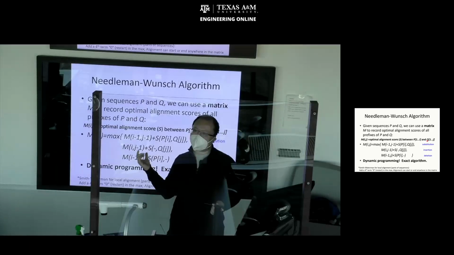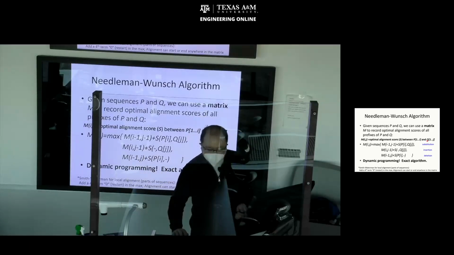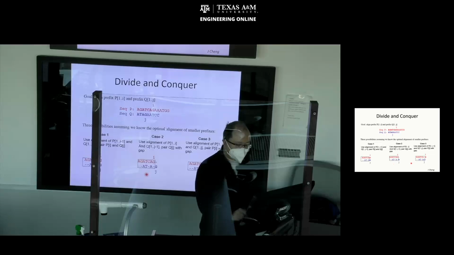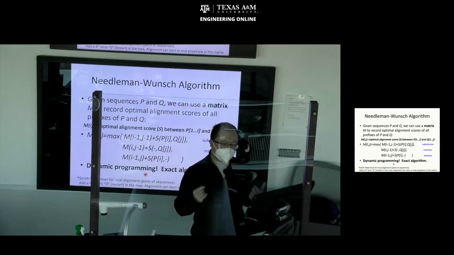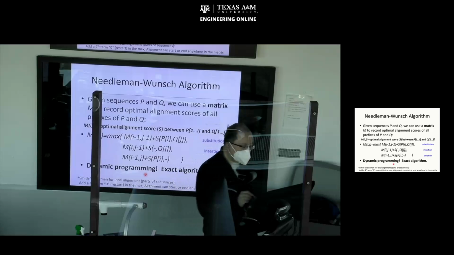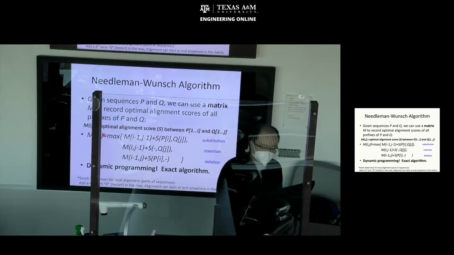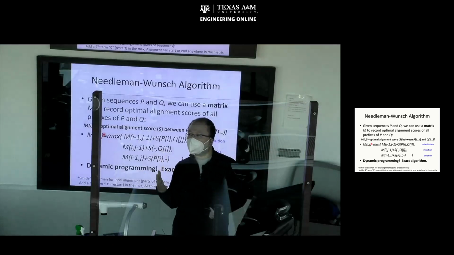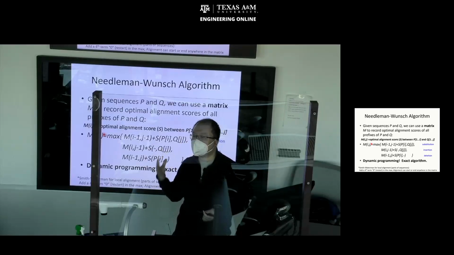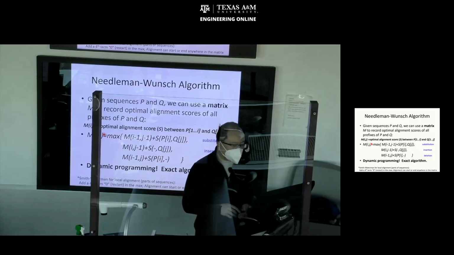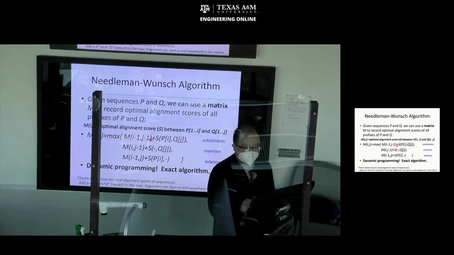Now let's translate what I said in words from the last slide into mathematics. And let's ask what Mij equals, okay? So there are only three scenarios, and Mij must be the maximum among the three scenarios, okay? The three scenarios really depend on how the last alignment or the last position is aligned.